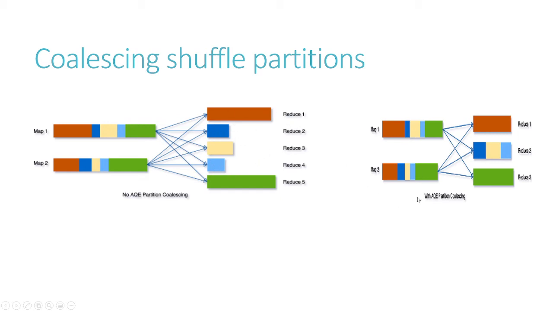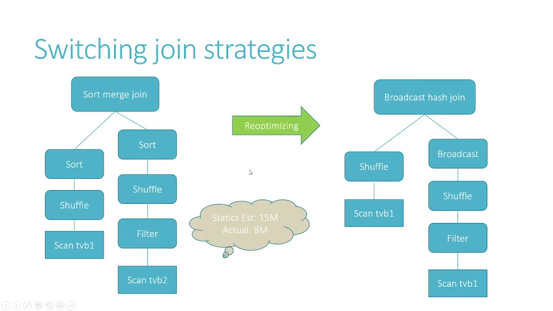This is the advantage which we are getting in AQE, which we were not getting in the previous version of the Catalyst Optimizer. Okay, next is optimizing or re-optimizing the join strategy. Spark provides different kinds of join strategies, right? Now consider this example.